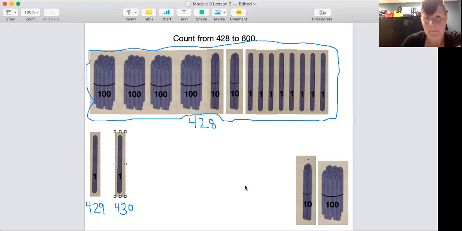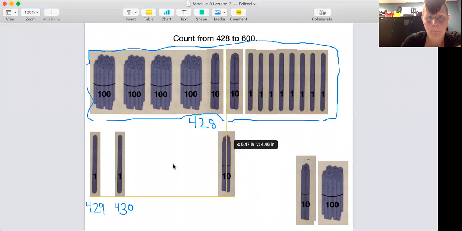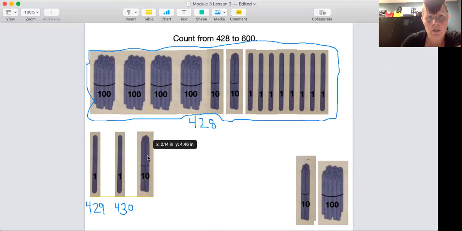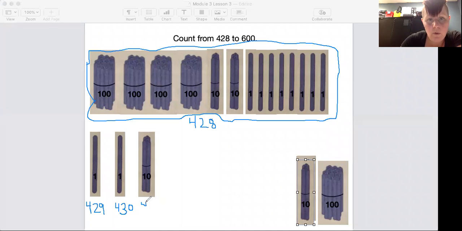So I would take a bundle of 10 here. So I'm not at 430 anymore. I'm at 440. Okay. And again, you can write the numbers below and that will help keep you on track. So 440.